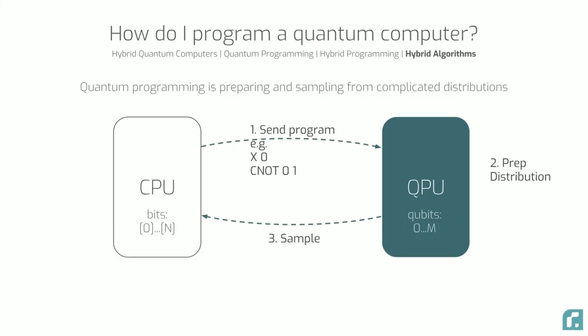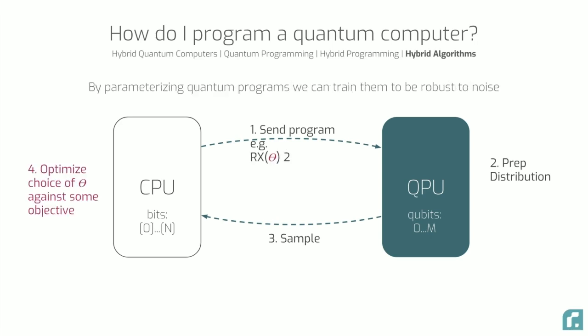So how do we deal with that? Well, instead of just sending a program, preparing a distribution, and sampling from it, we can instead think about tuning that program so that it works even though this quantum processor has noise. As an example, you can parameterize the program. This is an instruction that's parameterized. Instead of being a total bit flip, it lets you flip it halfway based on this parameter theta or something like that.